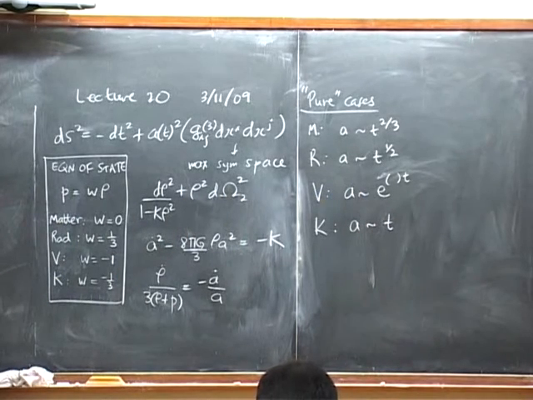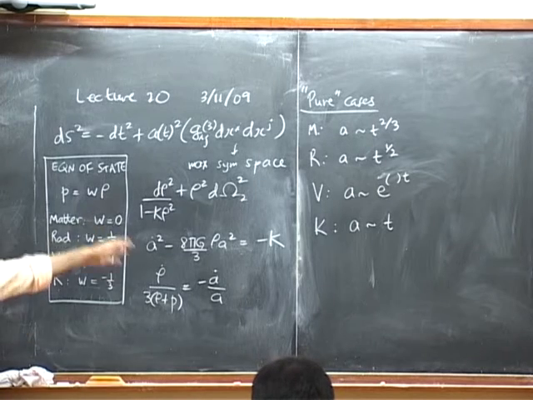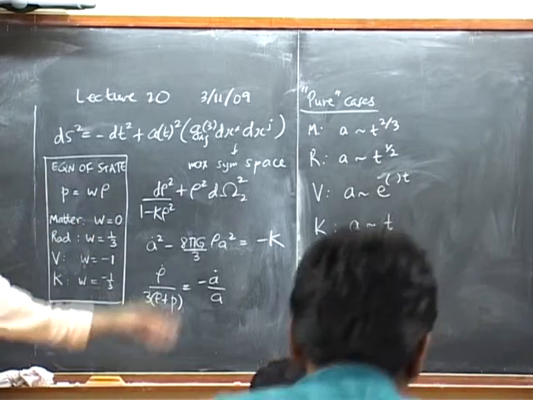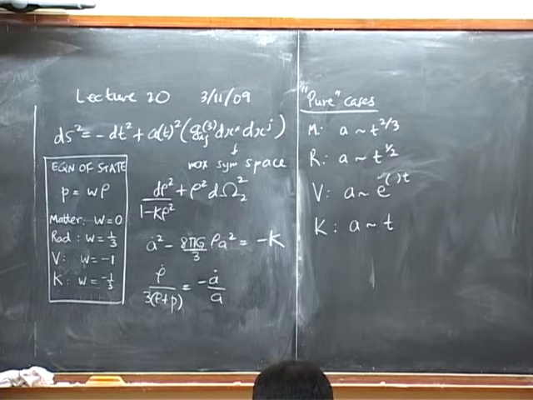These are the 4 possible behaviors, but people are free to invent other forms of content in the universe which, for whatever reason, scale in some other way because of some other equation of state. So these are the standard 4 options. We derived these last time.